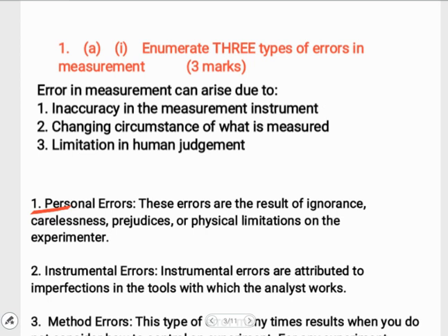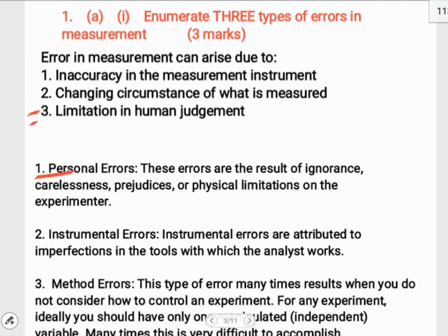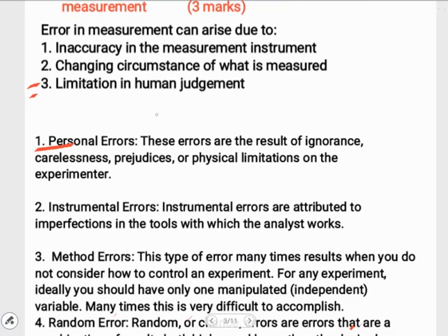So these are personal errors, and we can see limitations in human judgment as a source of error. So we have this as one of the types of errors in measurements.